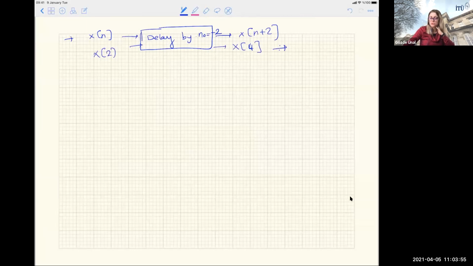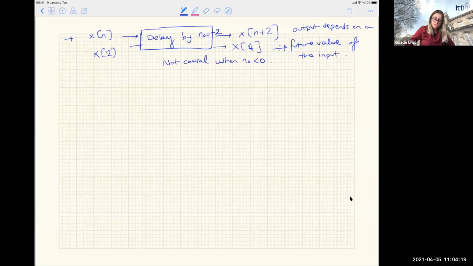So this is a future value, right? So the output depends on a future value of the input. So it would not be causal in this case, when n0 is less than 0. Okay? So just for your notes, I think it's good to have this.